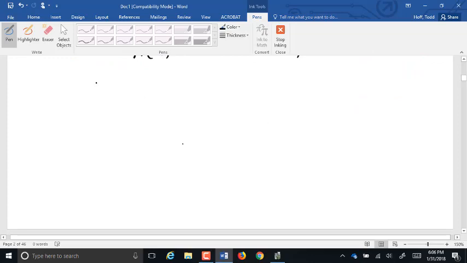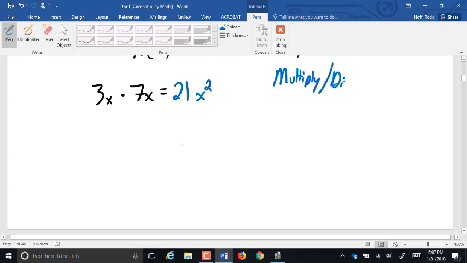Multiplication. What's 3x times 7x? 21x squared. When we multiply, we combine counts. But we also combine the names.